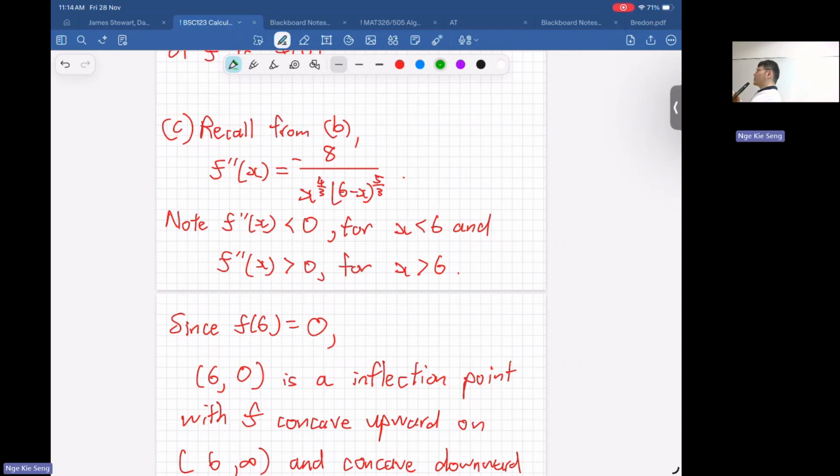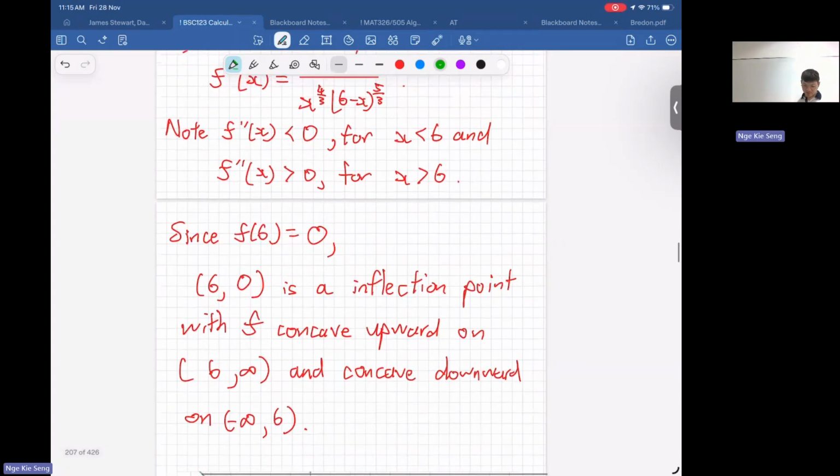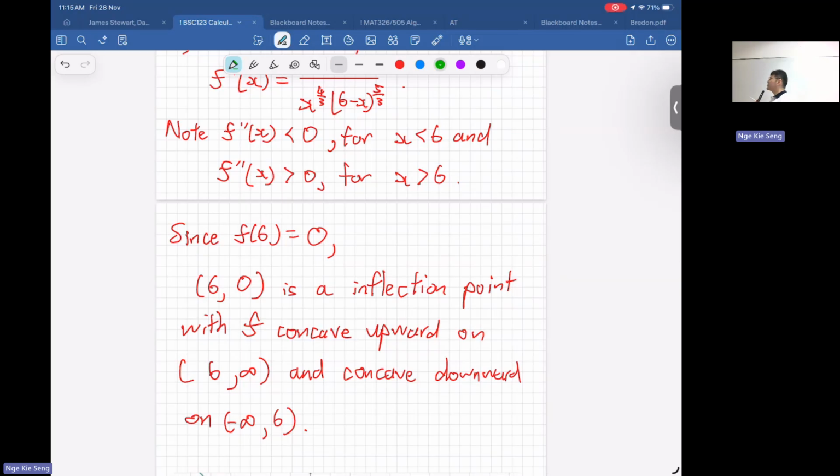You mean I picked the wrong interval? f double prime of x less than 0 is where it is concave downward, right? So it's negative infinity to 6.